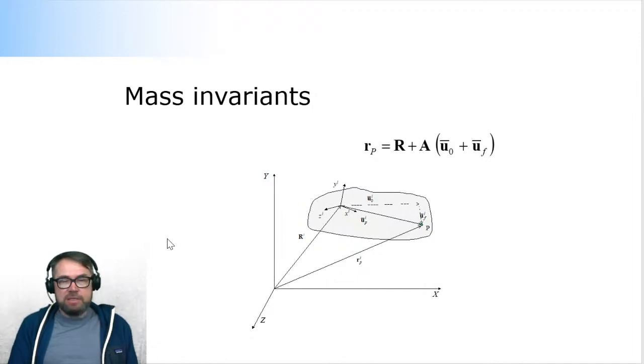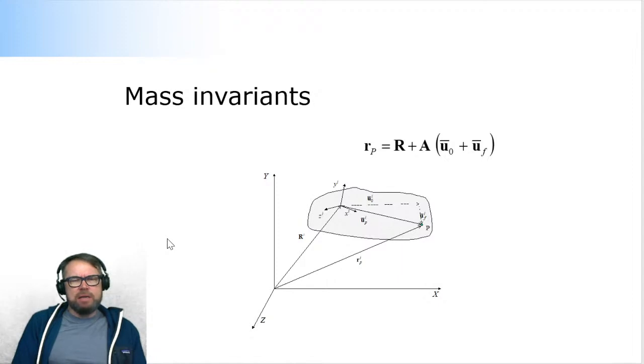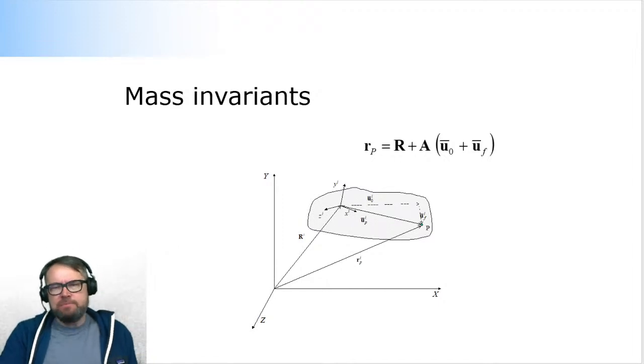Okay, now mass invariance. Now, what's the story about the mass invariance? This is a long story, like I said, but I'm going to cut the corners and focus on the real deal. What really is important in this mass invariance? When you're describing flexible bodies using the floating frame reference formulation, the kinematics is as shown here.